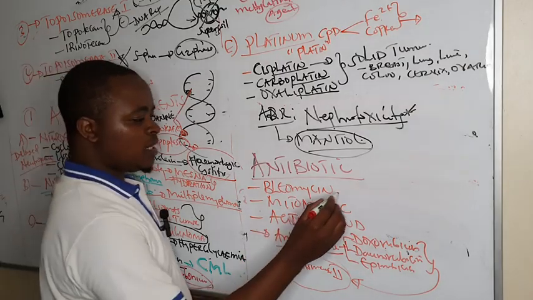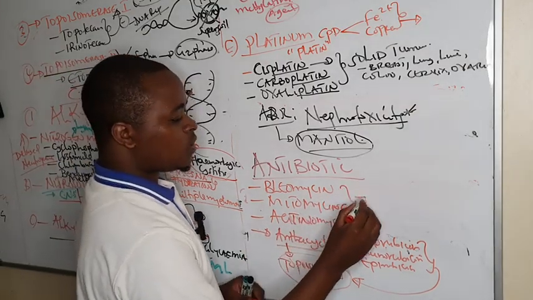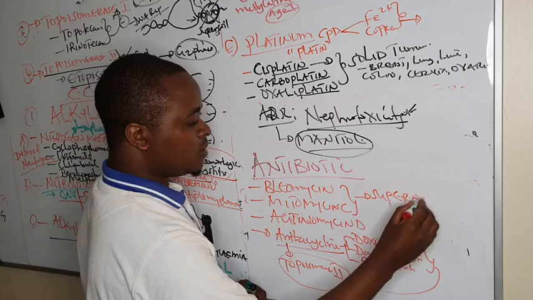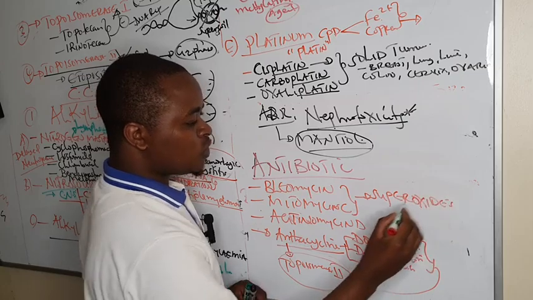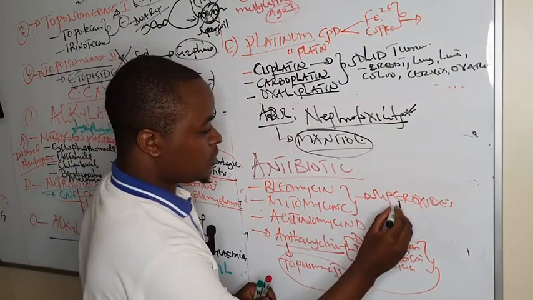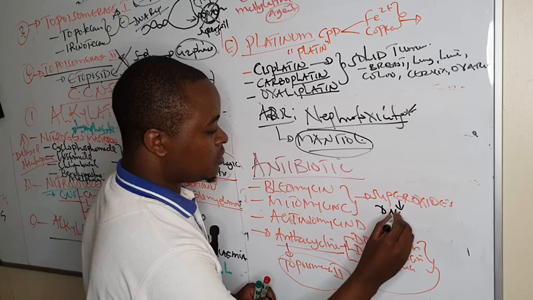Whereas bleomycin and mitomycin form superoxides. And these superoxides formed damage the DNA.